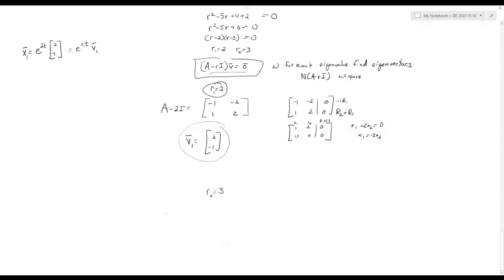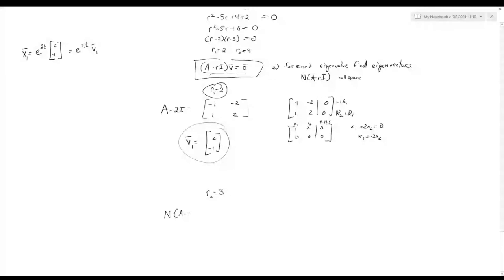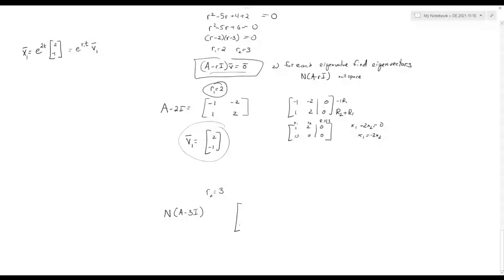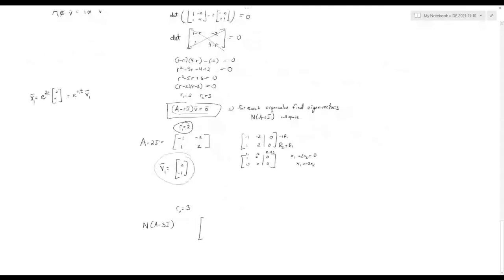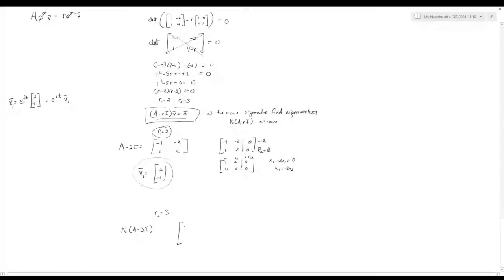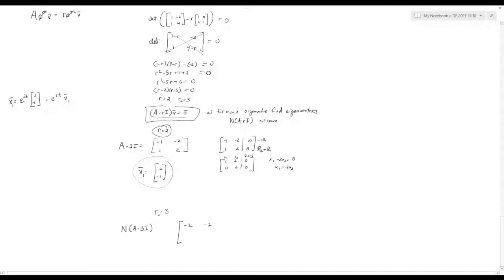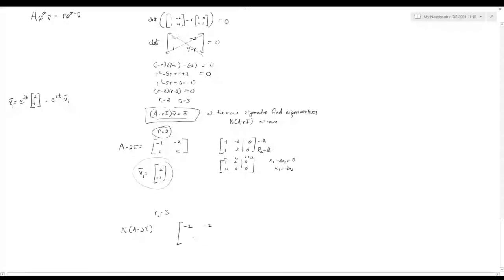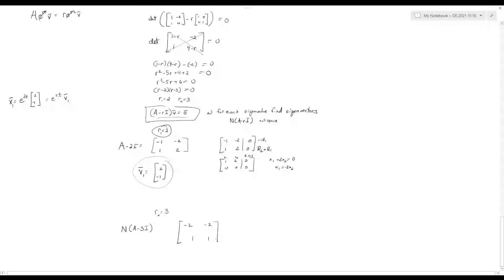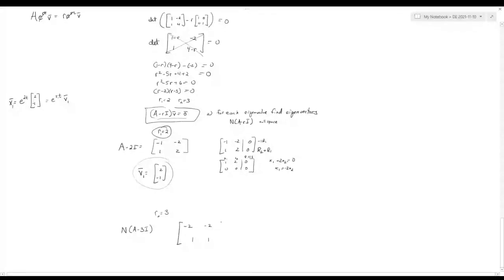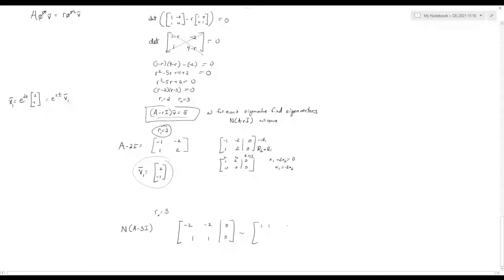So we're looking for the null space of matrix A minus 3I. What matrix is that? Negative 2, negative 2, 1, and 1. And then we would augment that; it just represents the system. So this reduces, I hope you see, to 1, 1, 0, 0, 0, 0.